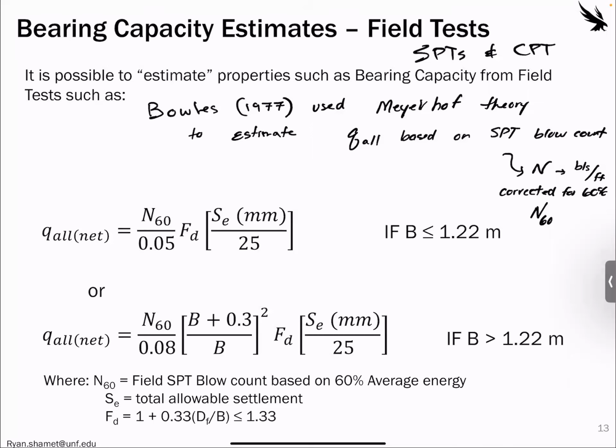Essentially what you're looking at is the elastic settlement that you're allowed to produce. And so you would use this equation if the width of your footing is less than 1.22 meters. And you'd use the second equation if the width of the footing is greater than 1.22 meters. Both of these were for square footings only.